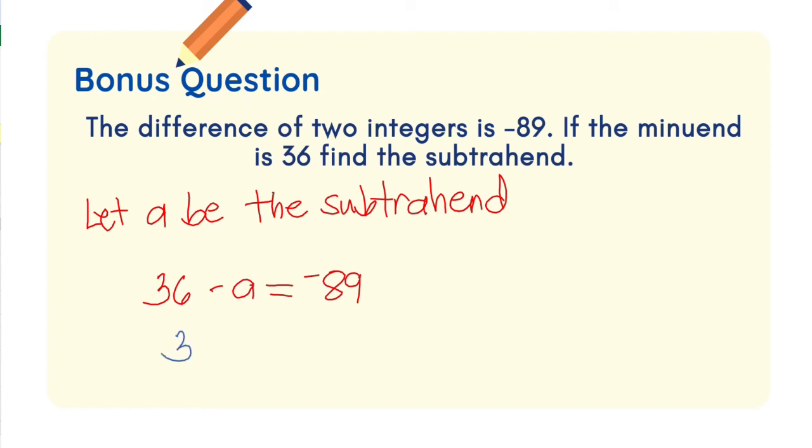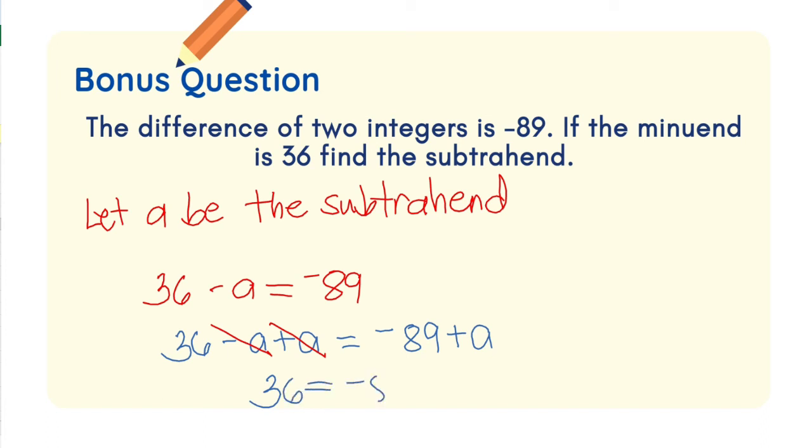So we have 36 minus A plus A equals negative 89 plus A. Ngayon, makakancel na natin tong A at ang matitira na lang ay 36 equals negative 89 plus A.